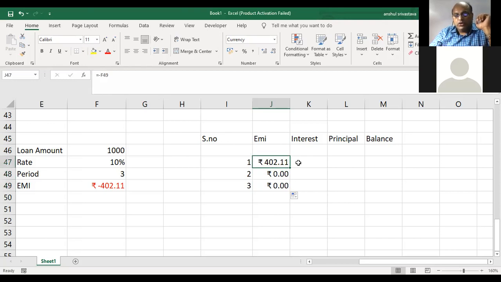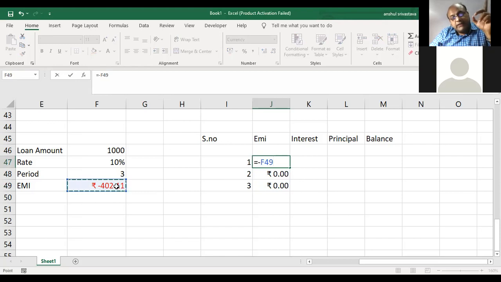So what I do, I want the same value to be selected here. So minus, I'll select this, and then I will fix the cell. How do you fix the cell? You fix the cell by putting a $ sign in front of the row number and column number.